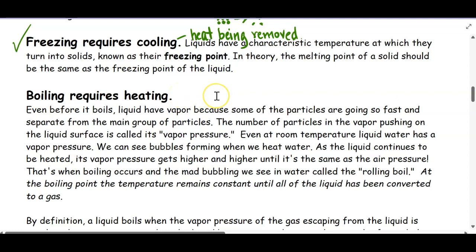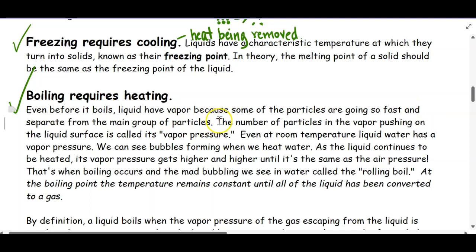Boiling requires heating. Oh, I know you know that because you have to heat water on the stove to make it boil, right? Isn't it amazing how much you know? Even before it boils, liquids have vapor because some of the particles are going so fast and separate from the main group of particles.